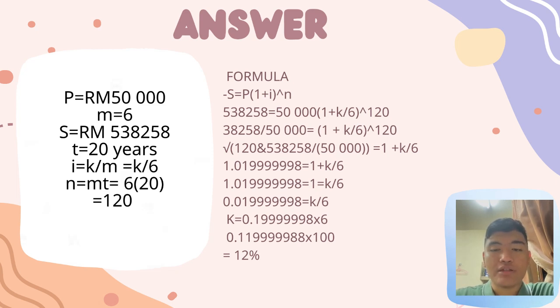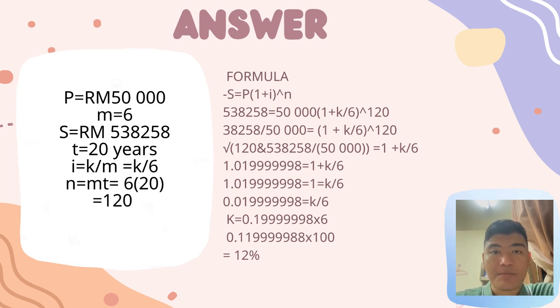So it is 538,258 equals 5,000(1 plus k over 6) with the power of 120. The first step, we convert it into a fraction, which is 538,258 over 5,000 equals (1 plus k over 6) with the power of 120.